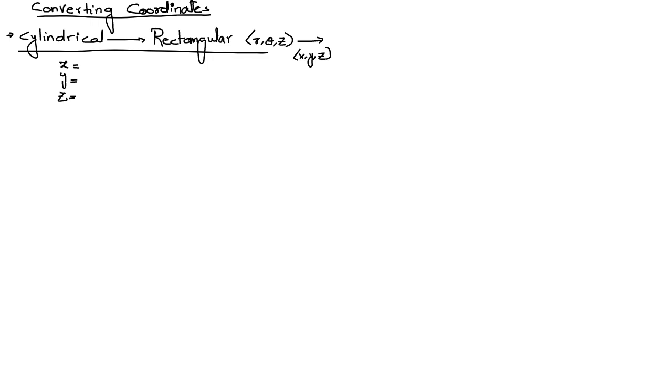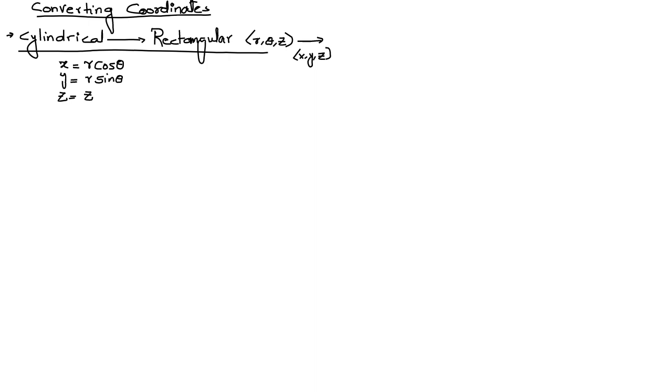So we have the formula that x is equal to r cosine of theta, y is equal to r sine of theta, and z is equal to z. So this formula will change the cylindrical coordinate into the rectangular coordinate.